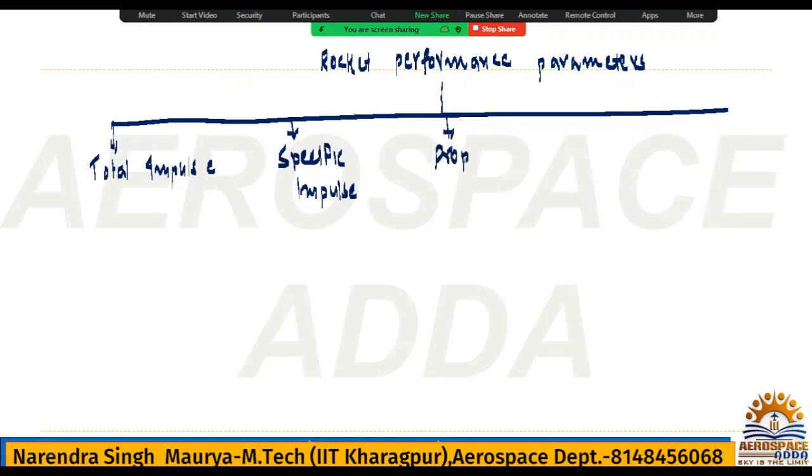Third one is nothing but propellant consumption. Okay. Fourth one is thrust coefficient.